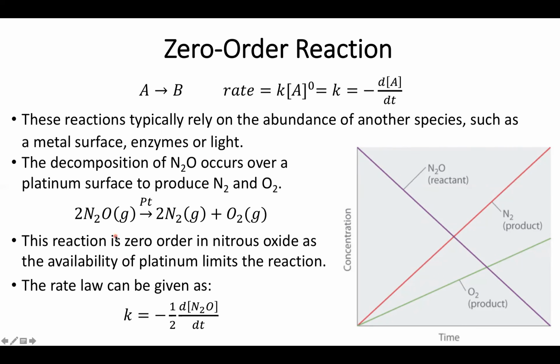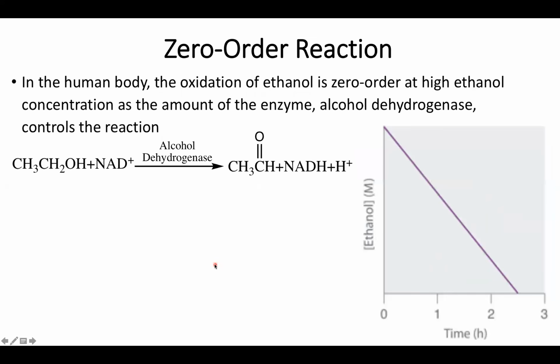So do keep in mind, whenever you're dealing with systems that have stoichiometry, that you really should be including these extra 1/2, 1/3 to represent how much of the reactant is being consumed. So let's go ahead and deal with another zero order reaction.